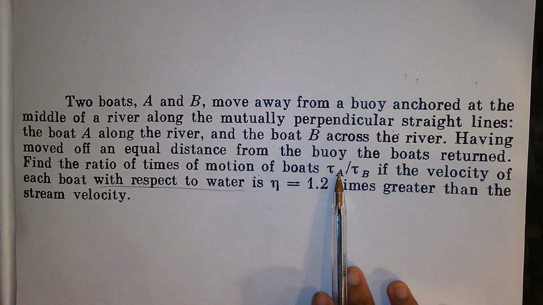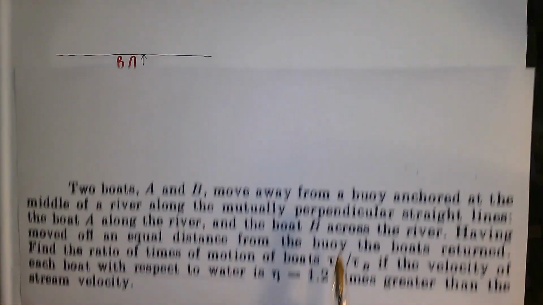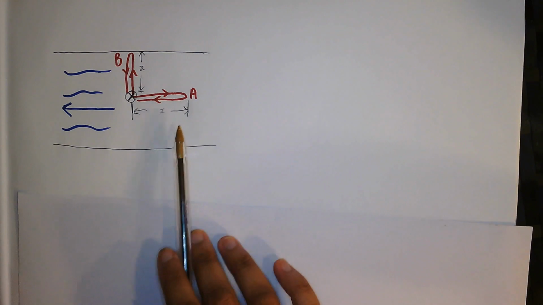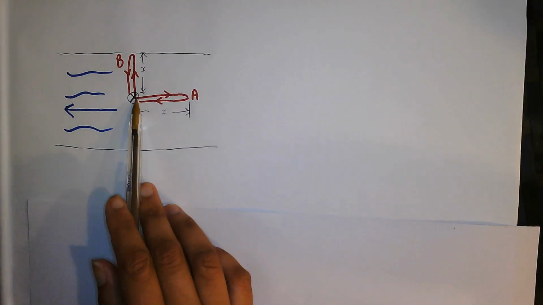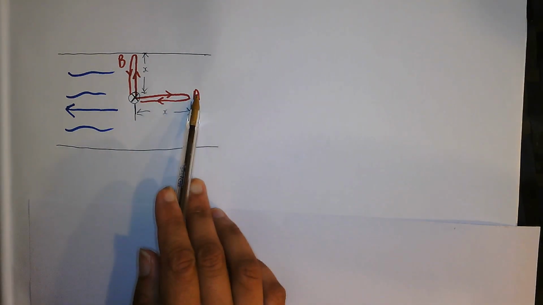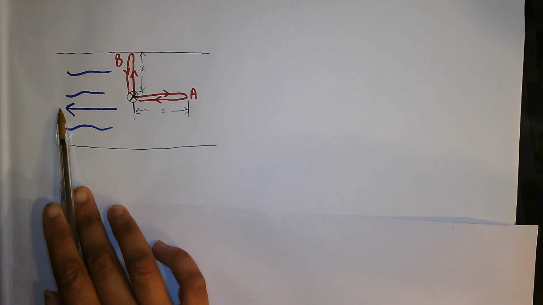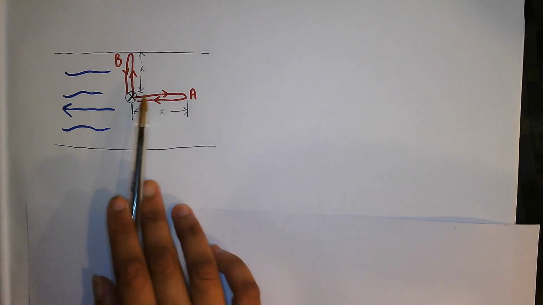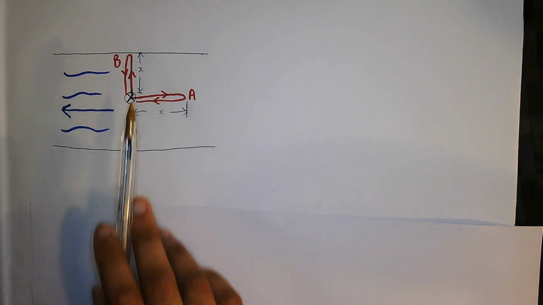So if we start off with tau A, we can see that the time taken by boat A to complete this journey is going to be the time taken for it to go first upstream, because remember our stream velocity is in that direction, and then the time taken for it to return.